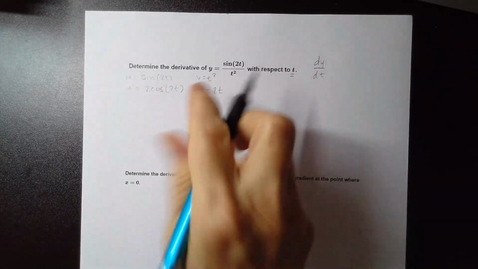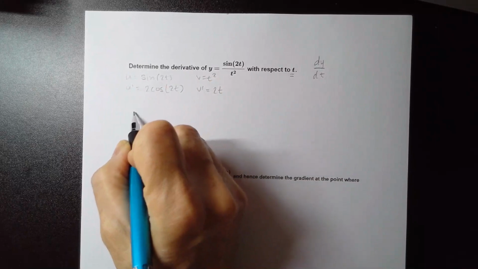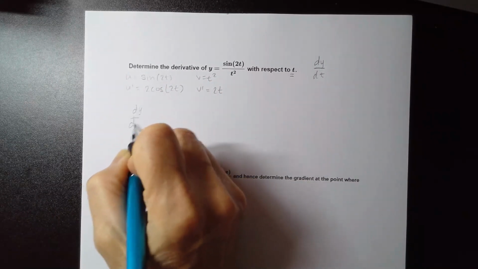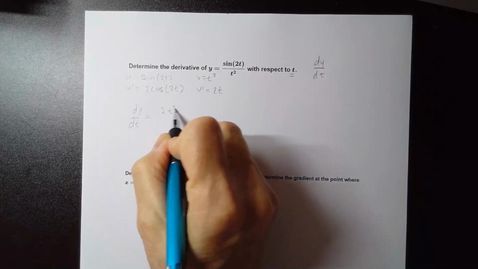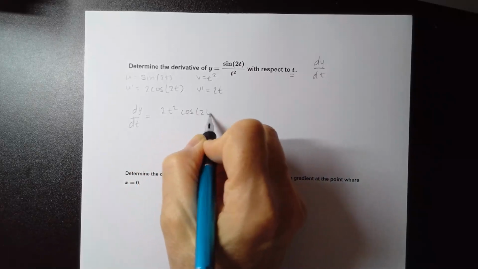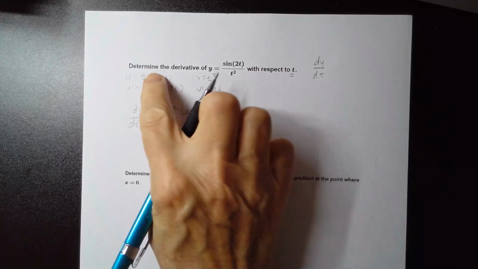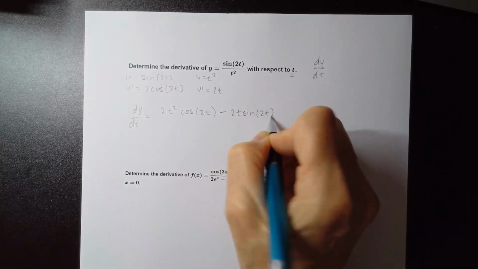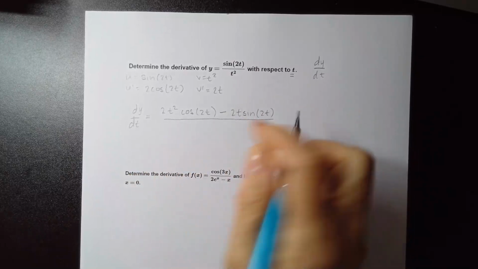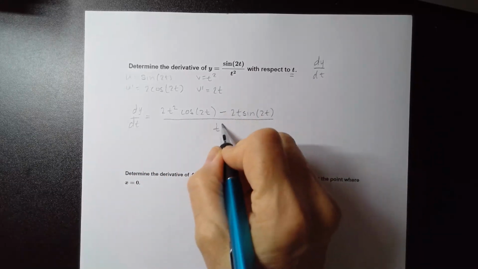Okay, so u dash v. So dy dt equals that times that, so 2t squared cos 2t, minus that times that, so 2t sine 2t, and then v squared is t to the 4th.